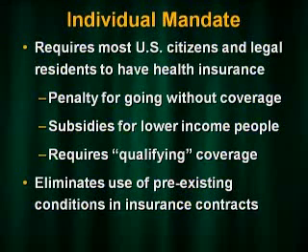Importantly, what happens with the individual mandate is it eliminates pre-existing conditions in insurance contracts. So if one has diabetes or heart condition, what would often happen in the individual insurance market is one would be quoted a higher premium, or one might be denied access to coverage. What the Affordable Care Act does is allow those people to buy coverage at the same price as everyone else.